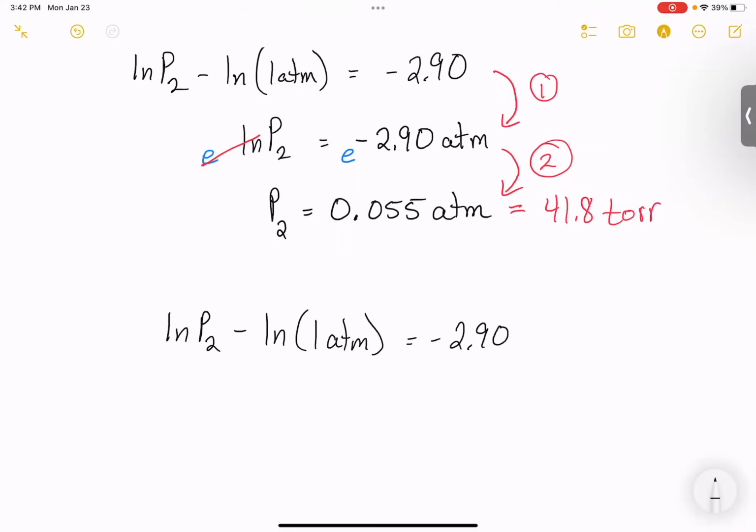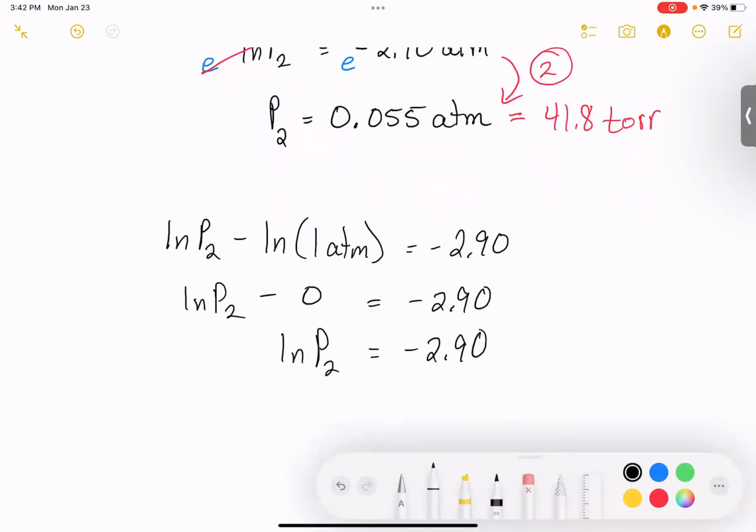The ln of 1 is equal to 0. So ln of P2 minus 0 is equal to -2.90. So ln of P2 is equal to -2.90.